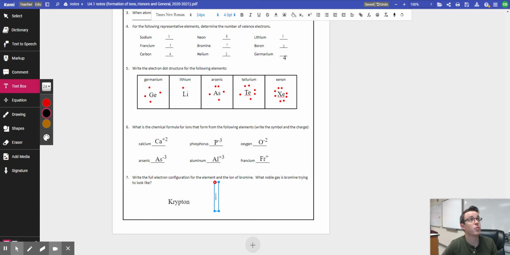So it's group 4, so it would end in 4p. Now bromine ends in 4p5. Remember, p can hold all the way up to 6 before it's full. So when it gains that 1 electron, it becomes 4p6. And now it is stable. And now it has the same electron configuration as krypton. And that's why it would gain that 1 electron.